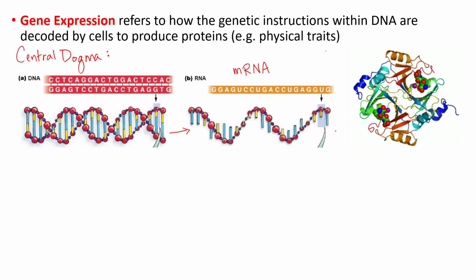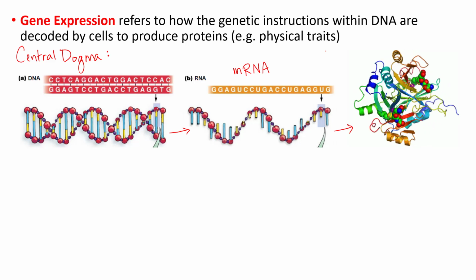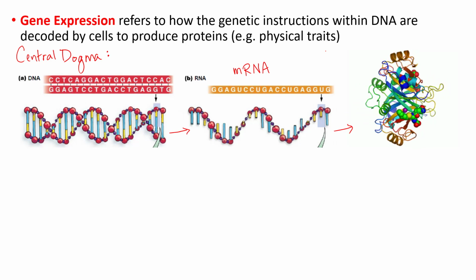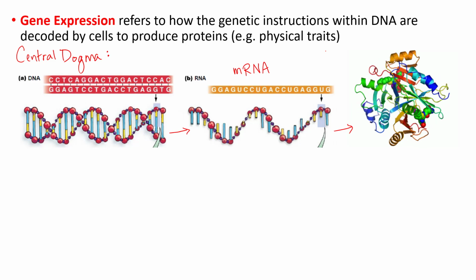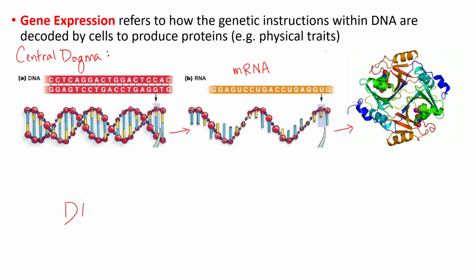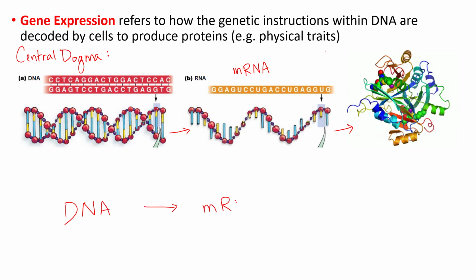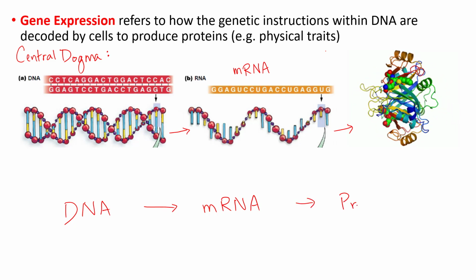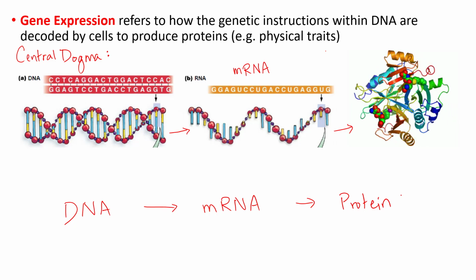And then that messenger RNA is used sort of as a blueprint to tell the cells what order of amino acids to add in the building of a specific protein. So it's this flow from DNA to mRNA to protein that is referred to as the central dogma.